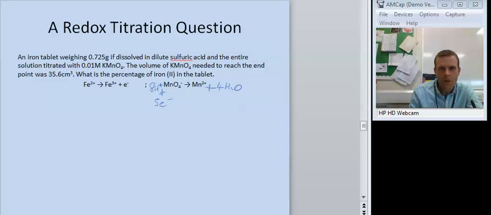So just as a side point, you notice this has H pluses in it. This is often why we use acidified solutions of potassium permanganate, because it needs H pluses in there for its reactions to occur. So when you get potassium permanganate in your chemistry labs, it's often acidified because it needs these H pluses to react.